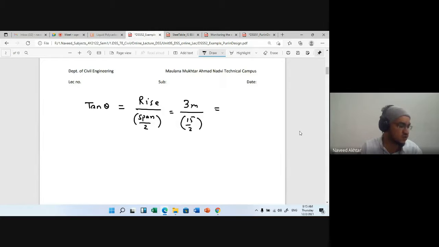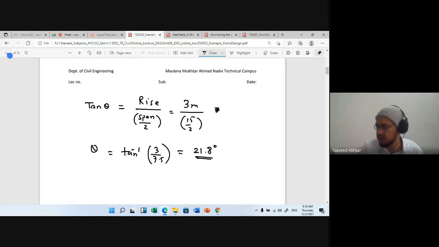So theta is tan inverse of 3 by 7.5, and this gives the angle theta, that is 21.8 degrees. You can verify my calculation.